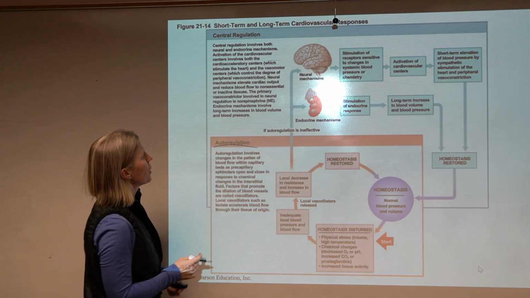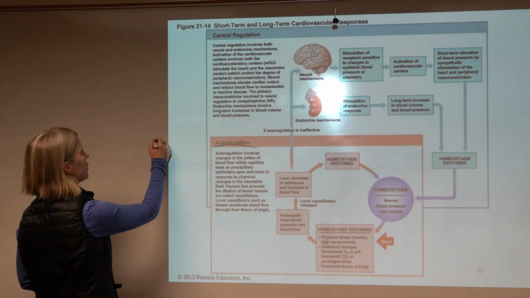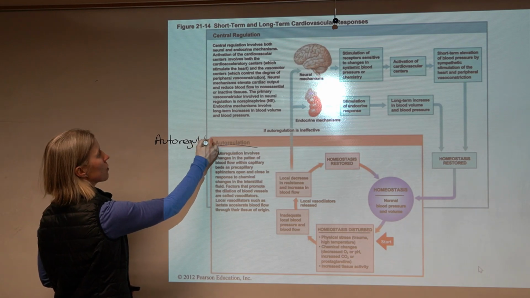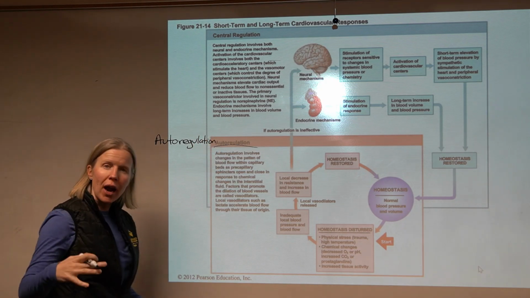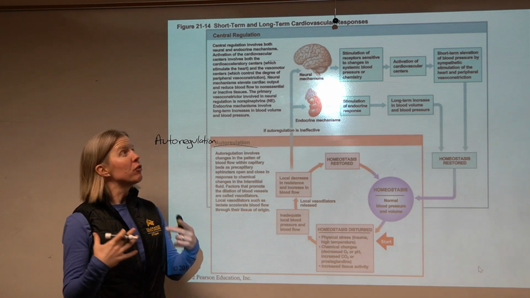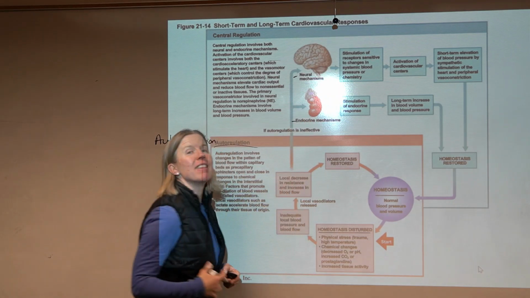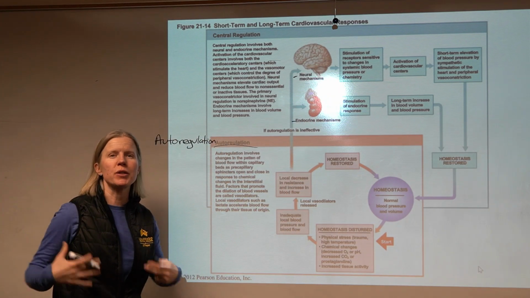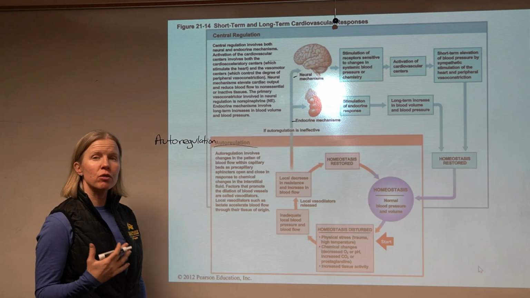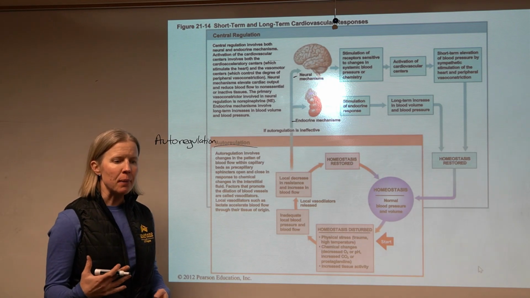We always start out with autoregulation, trying to fix the problem in the organ or organ system that we're working with before turning to the nervous system and the endocrine system, our big homeostatic systems.